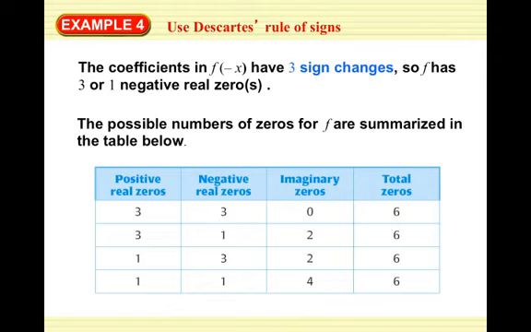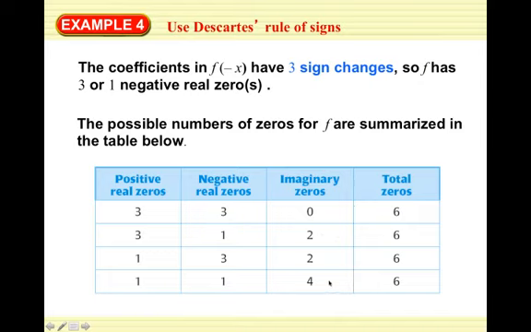It could possibly be that there's 1 positive real zero and 1 negative real zero. That's only 2 zeros out of 6, which would mean we have 4 imaginary zeros. So one thing students sometimes wonder is, well, why do you subtract 2's? Why don't we go 3, 2, or 1, or 0 negative real zeros? That's because imaginary zeros always occur in pairs.